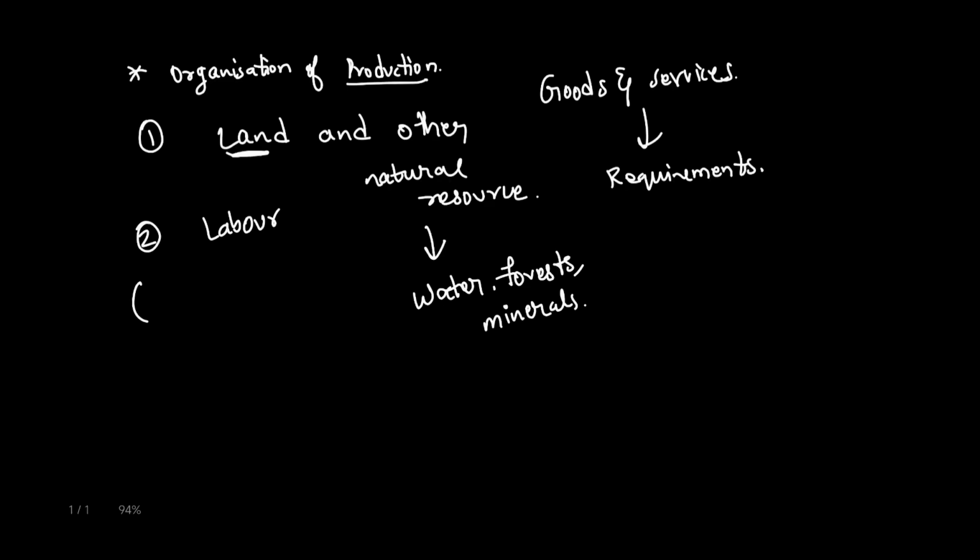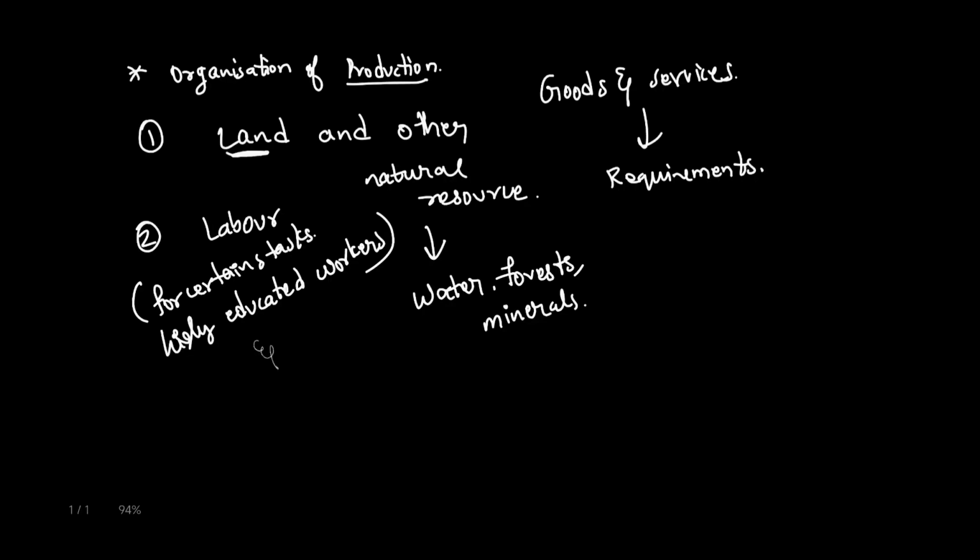So in labor, for certain tasks, we need highly educated workers. You can consider the highly educated workers as some mechanical engineers or electrical engineer or automobile engineer, etc. And for other labor, we need the people who can do the manual work.